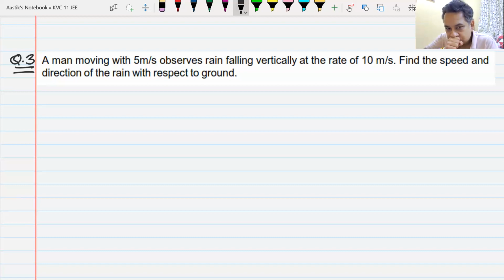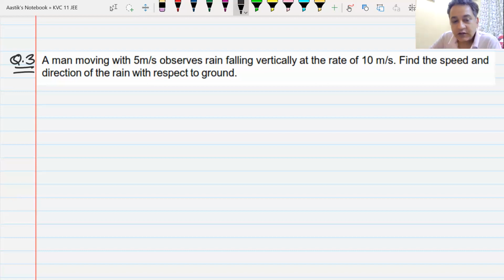So velocity of rain with respect to ground is 15 meter per second, sir. How did you get 15? 5 plus 10, 15. Anyone with any other answer? Rain is vertical. Man is walking not vertically.